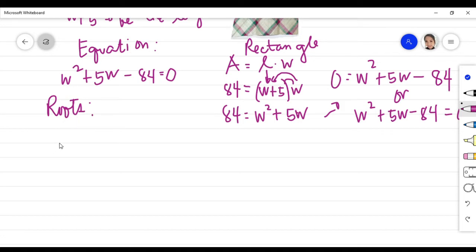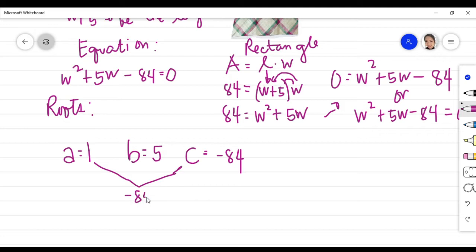So let's identify our A, B, and C. Our A is 1, our B is 5, and our C is negative 84. So using Vedic, we will multiply A and C. Again, multiply A and C. So 1 times C, that is negative 84.